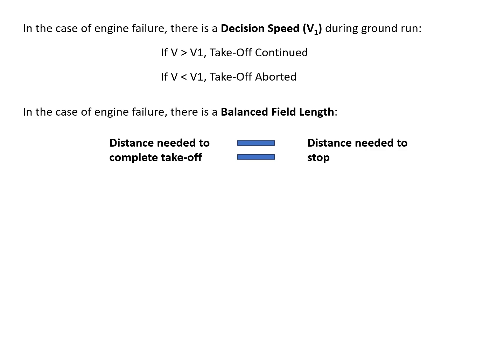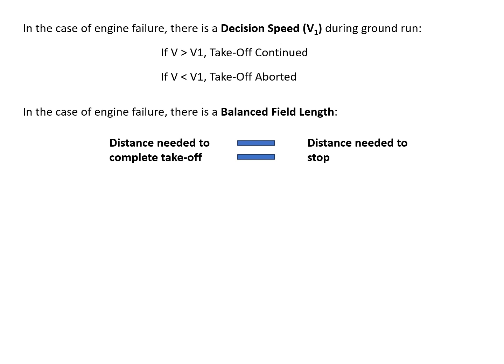And as for the distance in the case of engine failure, there is a balanced field length. The balanced field length is defined as the distance needed to complete the takeoff being the same as the distance needed to stop.